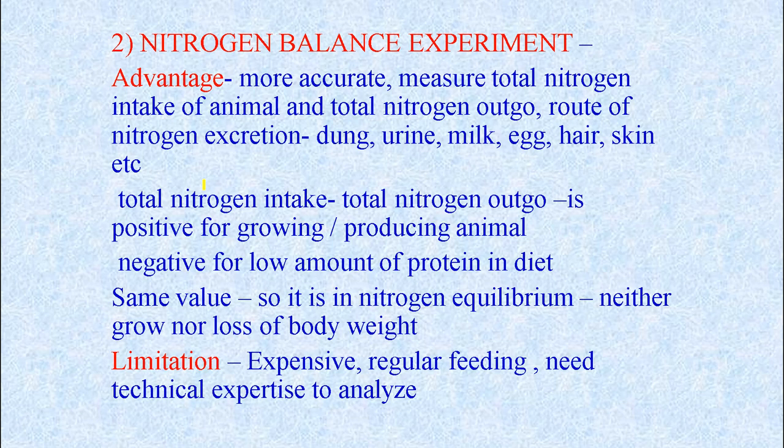So all these are the components of the protein source, whereas the total nitrogen intake may be calculated as the total nitrogen outgoing. It is also defined as positive for growing and the other producing animals.